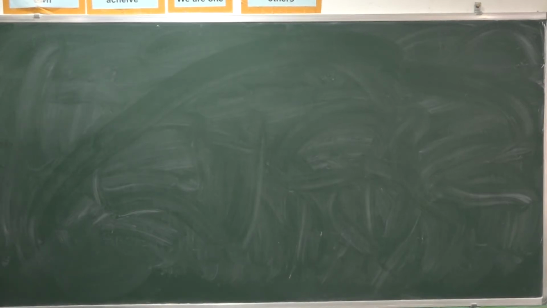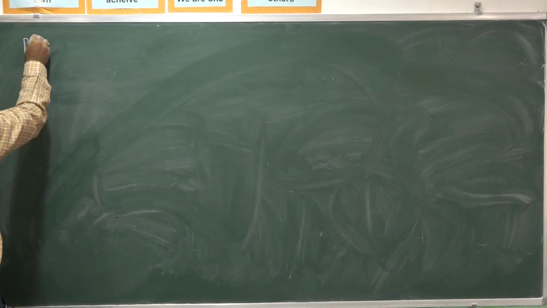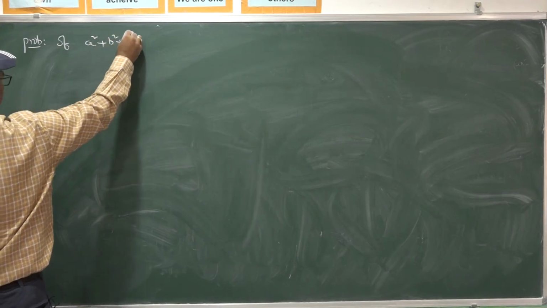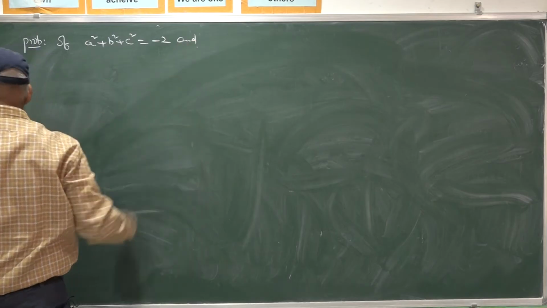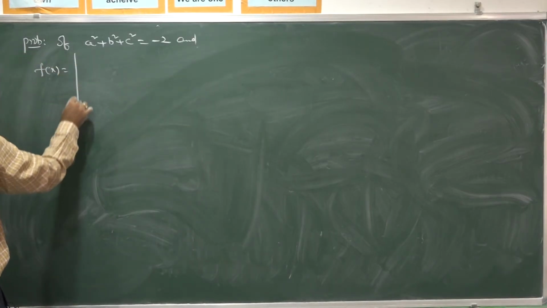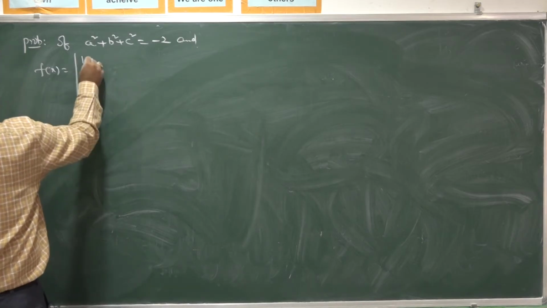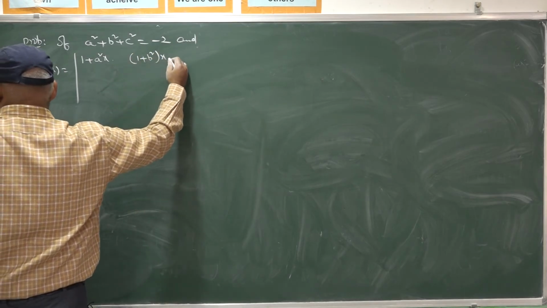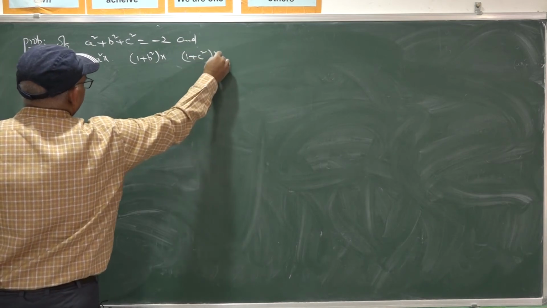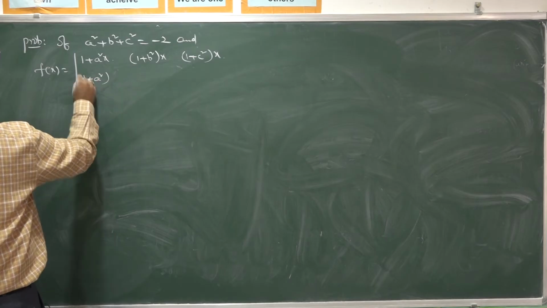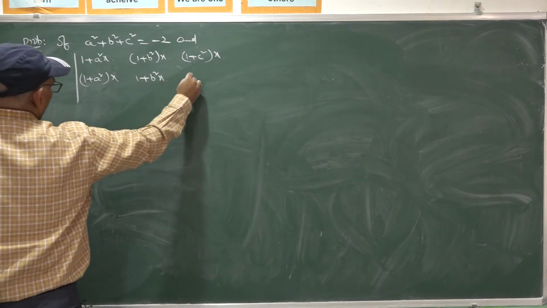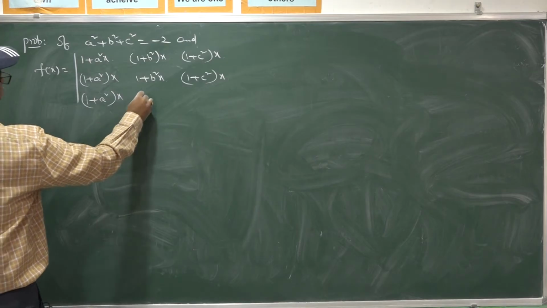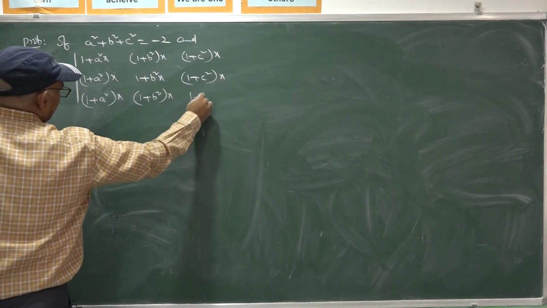Next problem. If a square plus b square plus c square is minus 2 and fx is given by the determinant 1 plus a square x, 1 plus b square x, 1 plus c square x; 1 plus a square x, 1 plus b square x, 1 plus c square x; similarly 1 plus a square x, 1 plus b square x, 1 plus c square x.